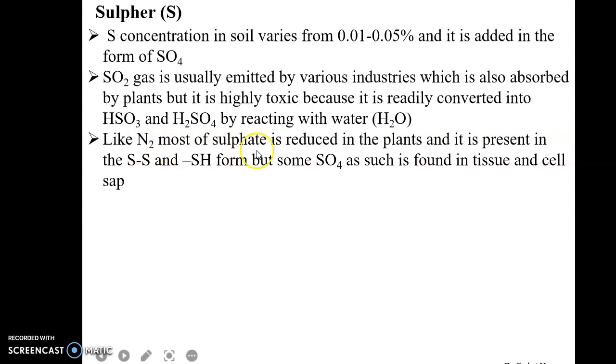Like nitrogen, most of the sulfate is reduced in the plants and is present as S-S and SH forms, but some SO4 as such is found in the tissues and cell sap as well.